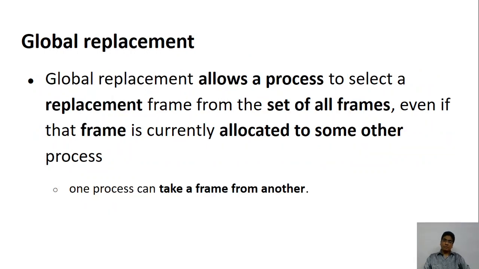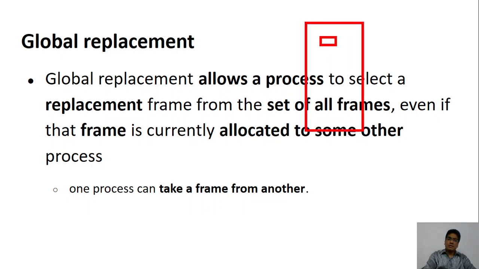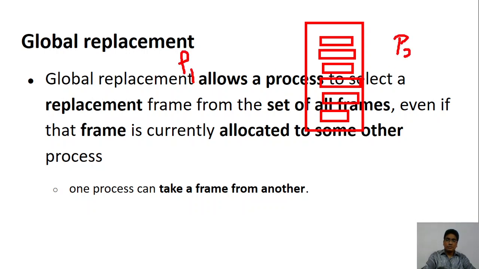In the global way of doing it, one of the processes says I want a frame, so you just find a victim frame, regardless of whether that frame belongs to the current process or to some other process. You don't bother about it. You take one victim frame, it may be used by some other process, but you don't care.